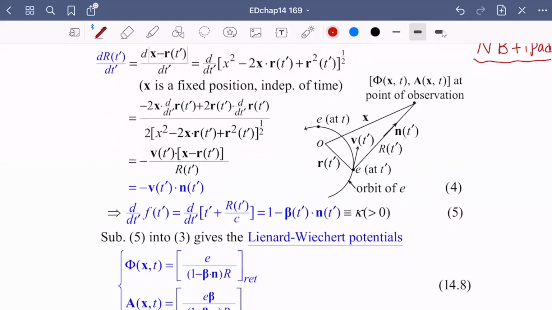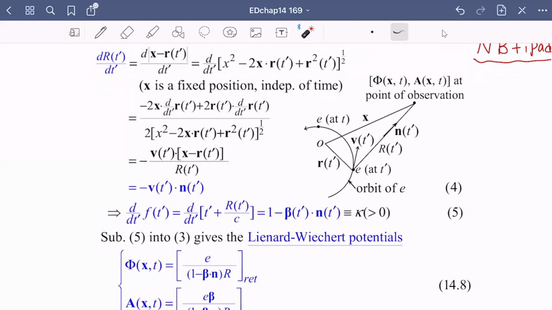And here, the R dt prime can be written into this form. R is the absolute value of observer and source. So in terms of this one, observer, source, okay? X is a fixed position, independent of time. Let's just assume the observer is at a fixed position.